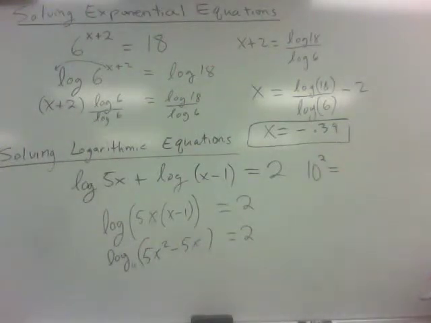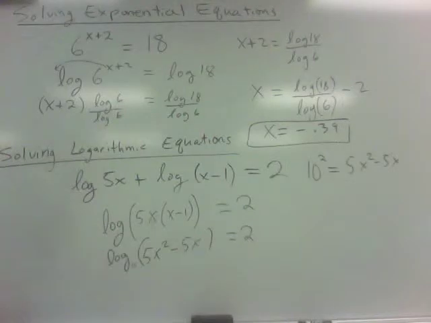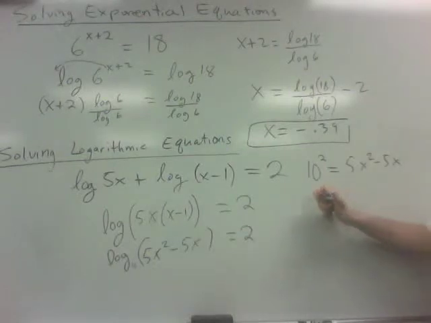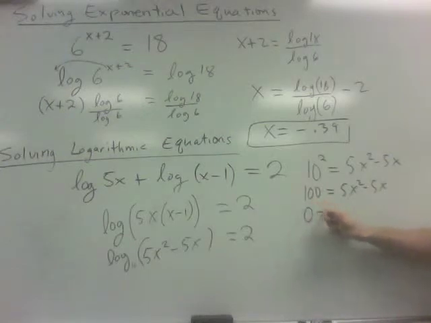So you'd write 10 squared equals 5x squared minus 5x, and now what you've created is a quadratic equation, and all you need to do from there is solve it by factoring or the quadratic formula. You get 100 equals 5x squared minus 5x. You can subtract 100 from both sides.